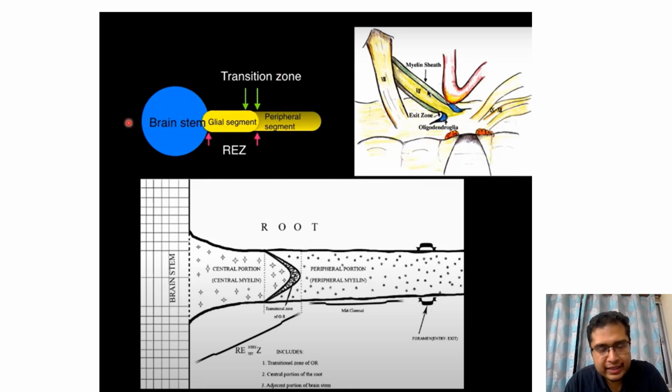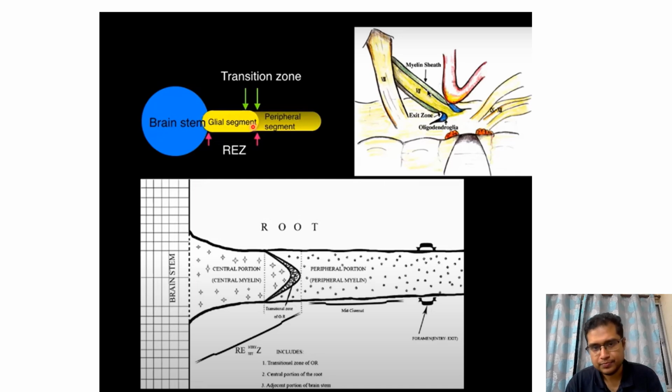It's a very important concept which was discussed in this particular conference. While exiting the brainstem, the cranial nerves have a glial segment. This glial segment, that is the root entry zone, starts from its point of exit till the transition zone, and then there is a peripheral segment. So the transition zone is actually a part of the root entry zone. It is not synonymous with the root entry zone. It's a part of the root entry or exit zone, where we can see that the central myelin is transitioning to the peripheral myelin.